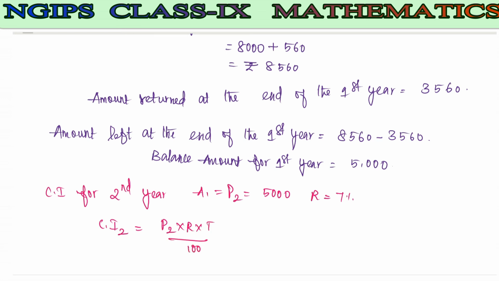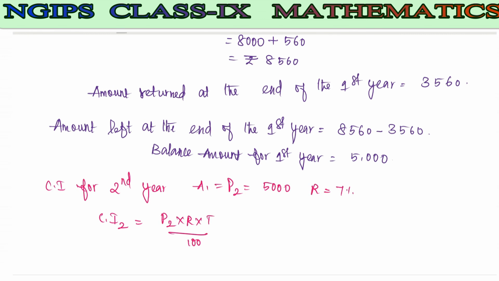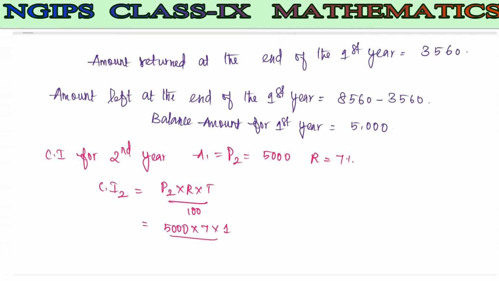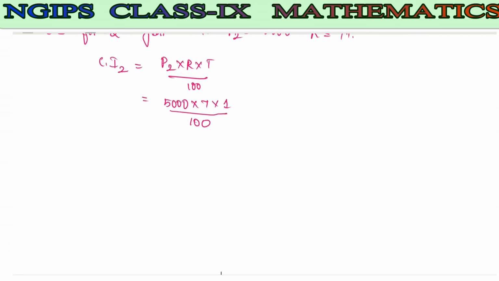So here we have second year principal, 5,000 into 7 into 1 divided by 100. In this the 2 zeros get cancelled. So the leftover here, 5 sevens are 35. So it means 350 rupees. So this is the second year compound interest.